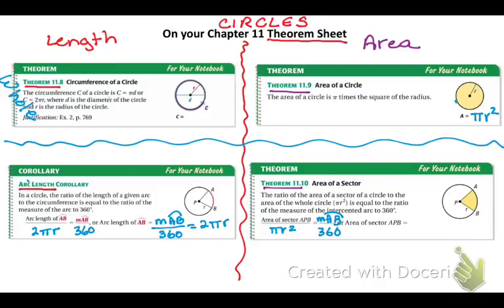That can also be written: the area of the sector is equal to the measure of AB over 360 times pi r squared. And I made a mistake over here, it should be times.